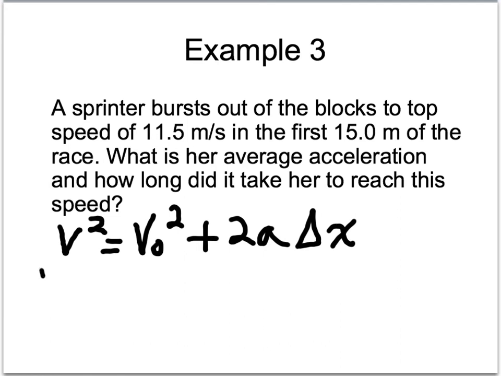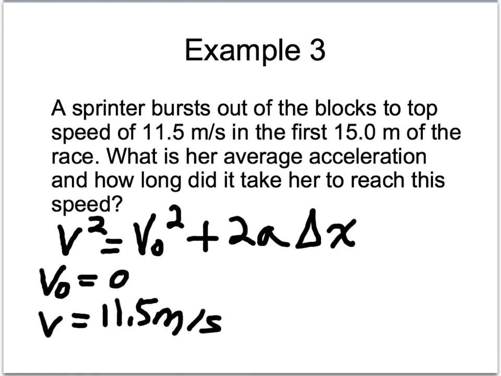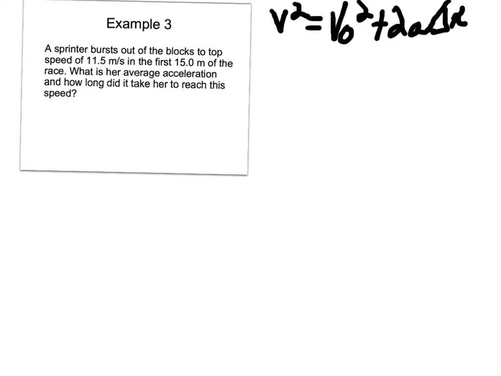So let me write that all down. Our initial velocity is 0, our final velocity is 11.5 meters per second, and our delta x is 15 meters. So that's the first equation we'll use. Let's go ahead and do that one. Alright, so I've given myself more room to solve this problem.